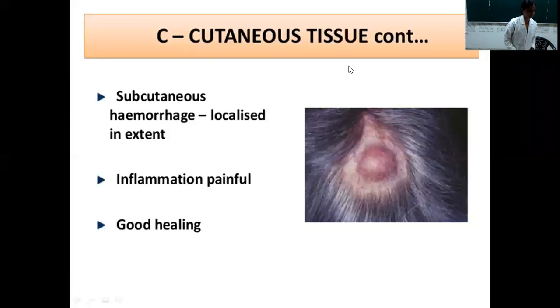Sorry for the disturbance. So in subcutaneous tissue, any swelling should be localized, a little swelling, but very painful. But there is good healing because of the rich blood supply.